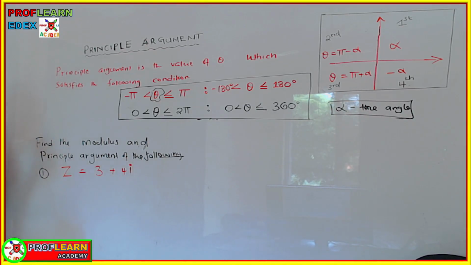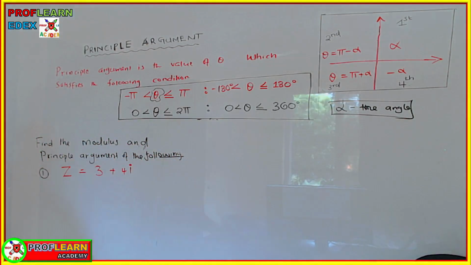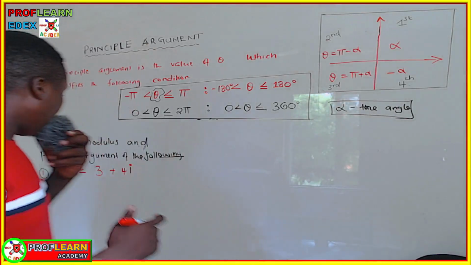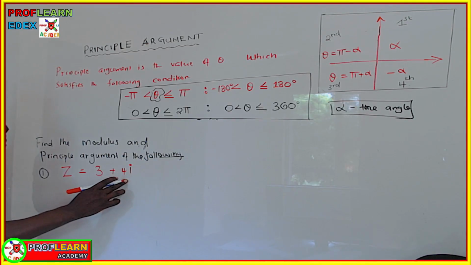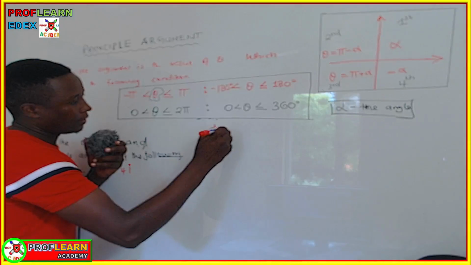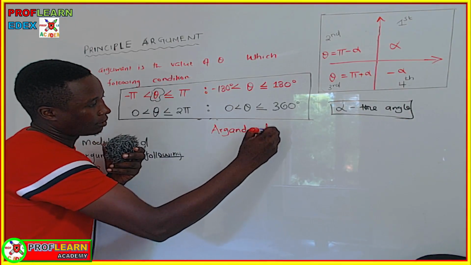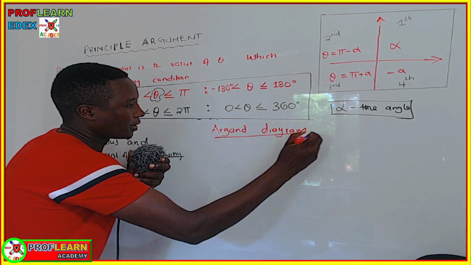So this is a complex number which has the real part 3 and the imaginary part 4. So meaning that in the Argand diagram, this can be represented as follows.